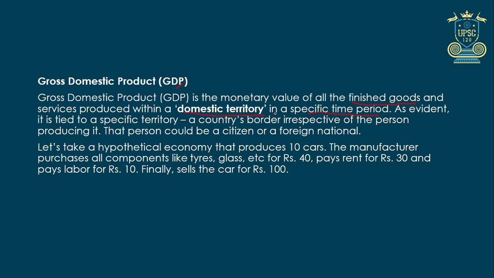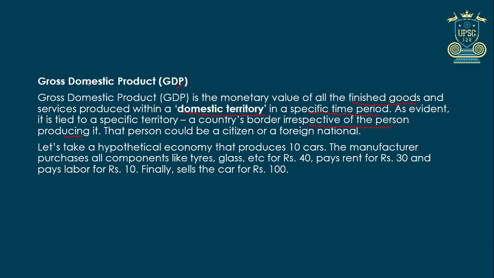So, as is evident, it is tied to a specific territory, a country's border, irrespective of the person producing it. This is another thing that is here. Why this phrase, irrespective of the person producing it, has been stressed is that if you see GNP, gross national product, that we will see in the next slide, there it is irrelevant.